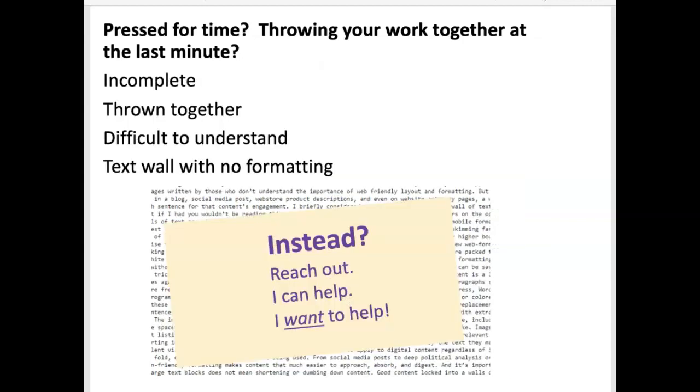If you are jammed up and you are going to be late for an assignment, you are stuck on an assignment and you're going to be just throwing it together, if you hate an assignment and you think it's absolutely stupid and you're pissed off at the assignment and you're just going to throw stuff together, oh my God, will you please reach out to me?